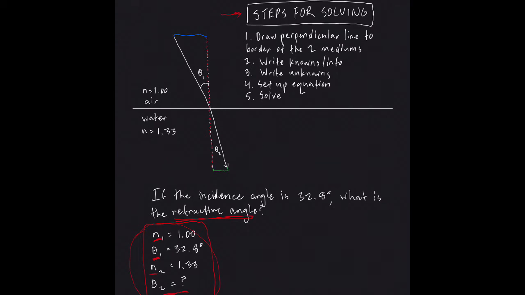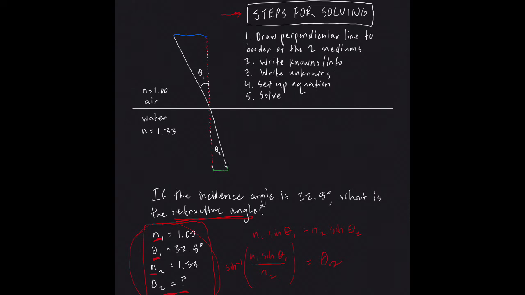So we know Snell's law, N1 sine theta 1 is equal to N2 sine theta 2. And so we can manipulate our equation here to solve for this theta 2. So we can move N2 to this side, and then we can take the sine inverse of that to solve for theta 2.